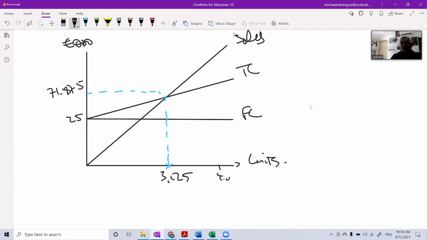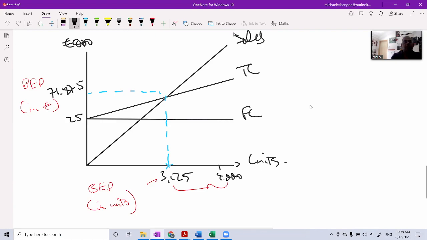Production is 4,000. This is the break-even point in euro, and this is the break-even point in units.